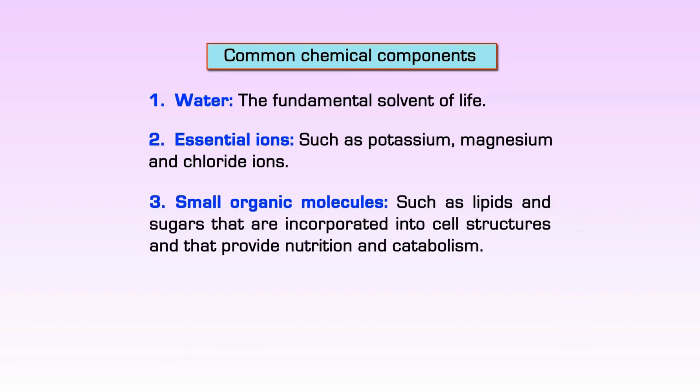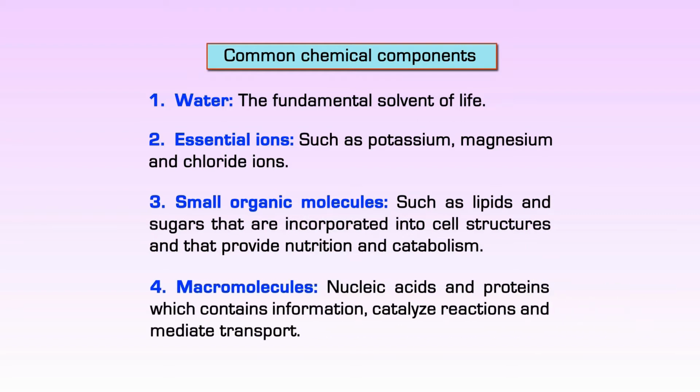Next is small organic molecules such as lipids and sugars that are incorporated into cell structures, and they provide nutrition and catabolism. Next is macromolecules. Under this, nucleic acids and proteins, which contain information, catalyze reactions, and mediate transport.